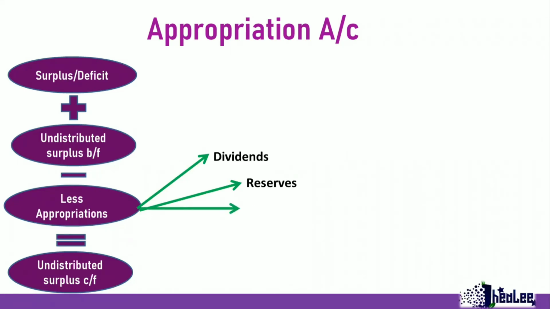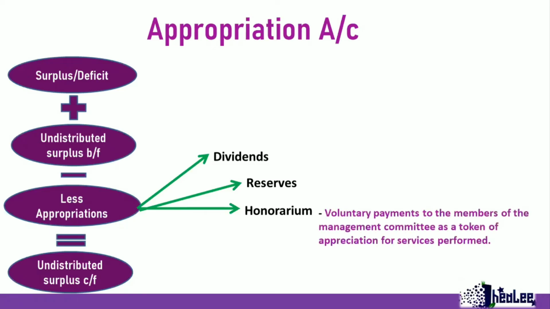Next is honorarium, and honorarium is basically voluntary payments to the members of the management committee as a token of appreciation for the services that they perform in the business on a daily basis. The business doesn't pay out salary, so we're not going to refer to it as salary or wages. What they give them is a token for the work that they have performed within the business.